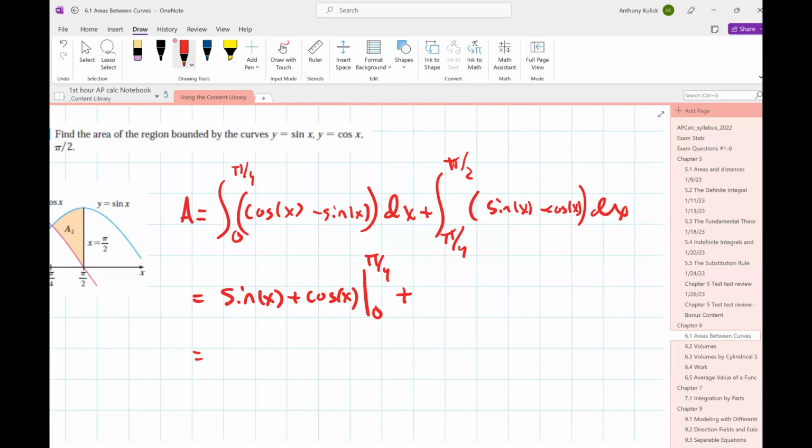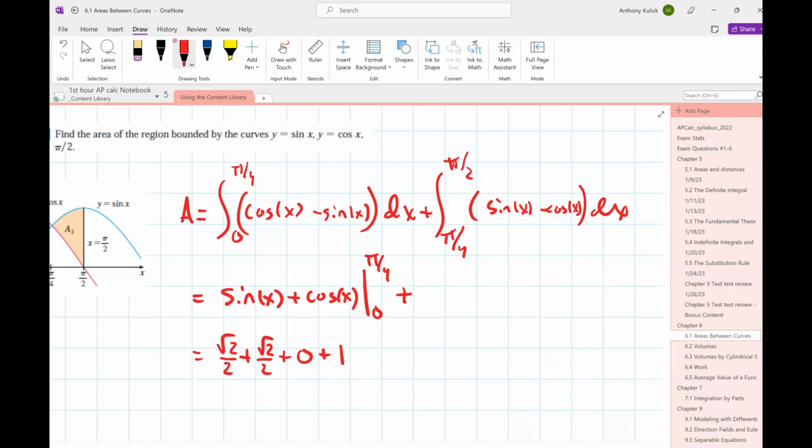We should be able to do these in our head without having to look it up. It's a unit circle value. Root 2 over 2. What's cosine of pi over 4? Same thing, excellent. Sine of 0 is 0. Cosine of 0 is 1.